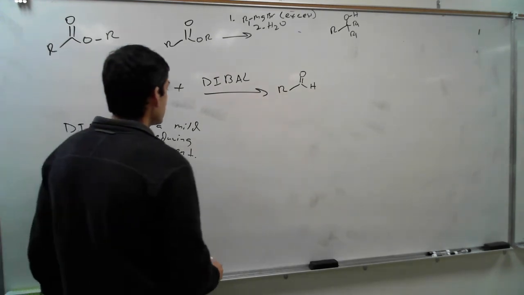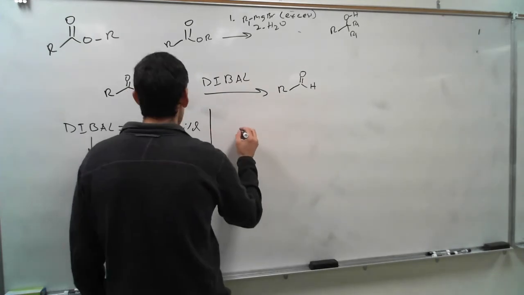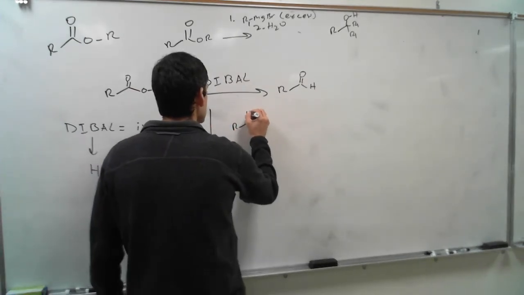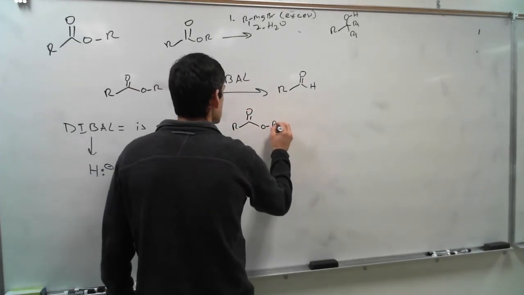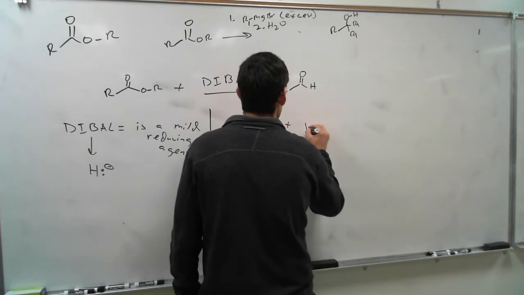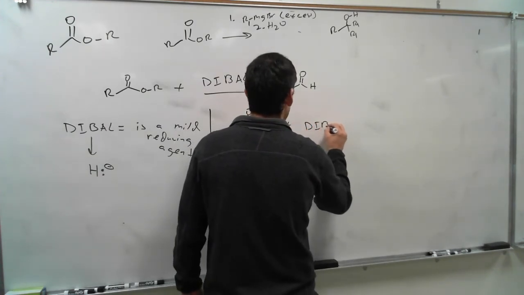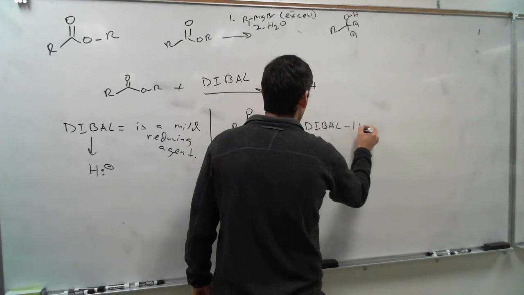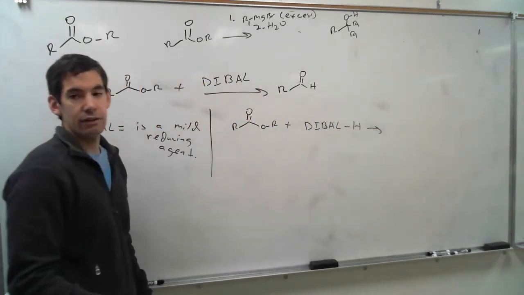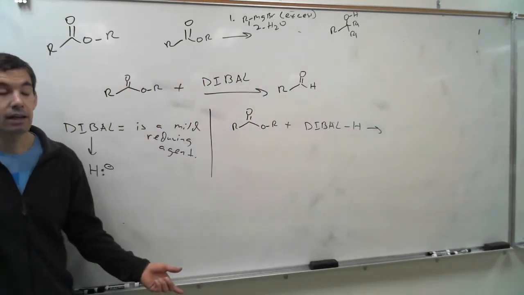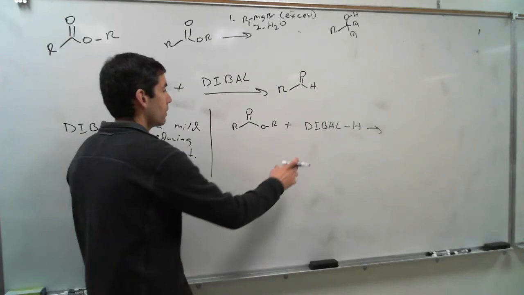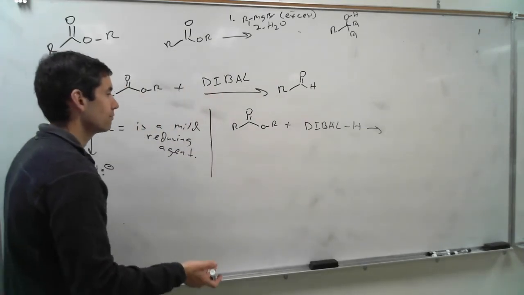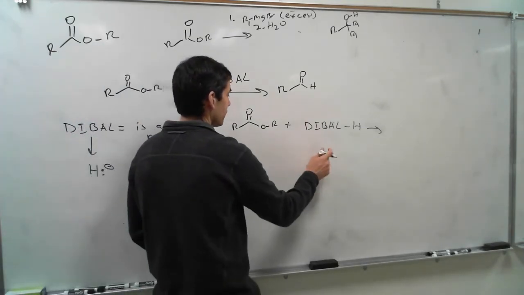So for the mechanism here, I won't draw the whole structure of DIBAL. It's a fairly large structure, so people abbreviate it like that. I'll put a hydride out there just to show that's where the hydride is coming from. We just have to recognize it's a mild reducing agent. A lot easier to remember five letters, right?